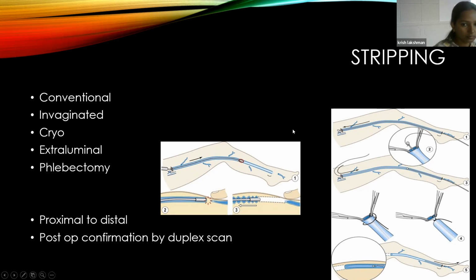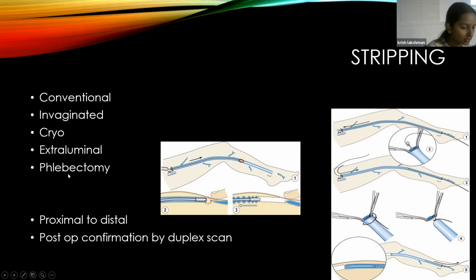So after ligation, stripping can be done by many methods. The picture shows the invagination method, where the probe is passed all along the vein and it's ligated at the tip and pulled inside. So the vein invaginates and is removed. And this is a cryoligation method.